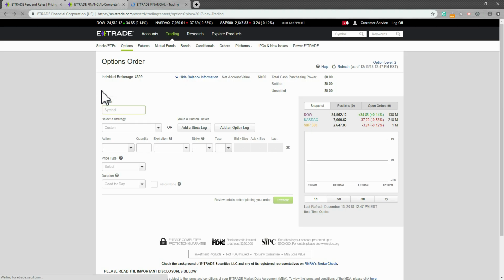So basically they provide more than just your typical trading. They provide trading through all platforms. So you have your mutual funds, bonds, conditional orders, and platforms here, all different areas when it concerns investing.